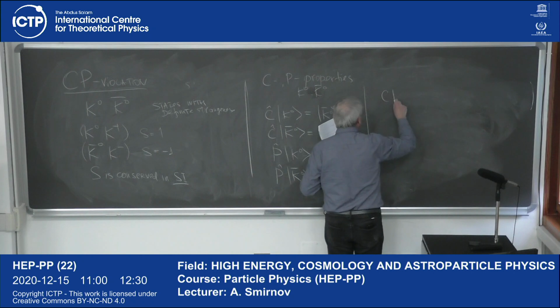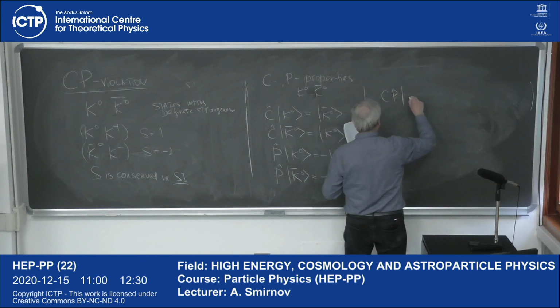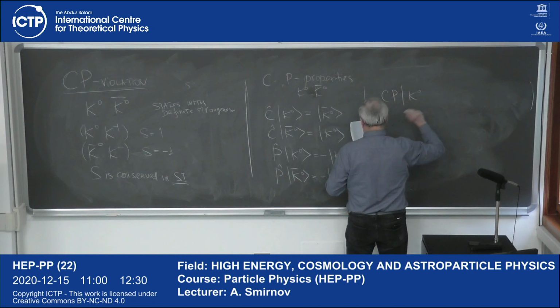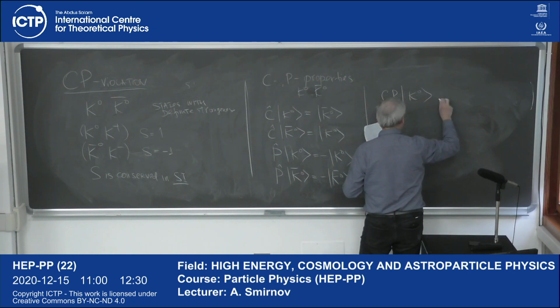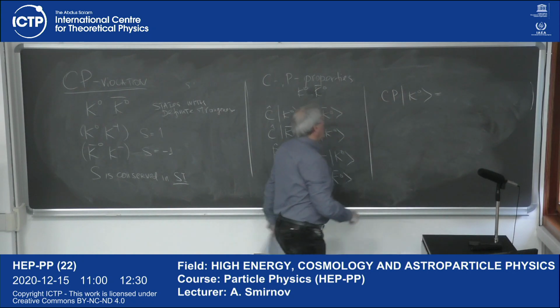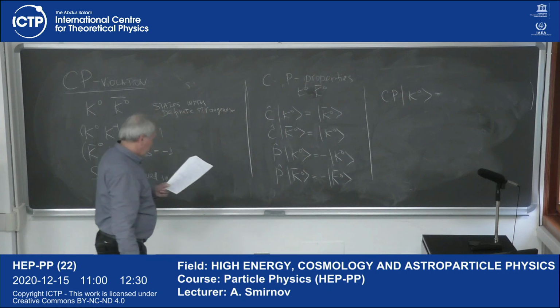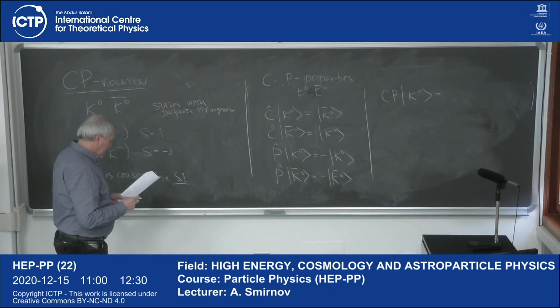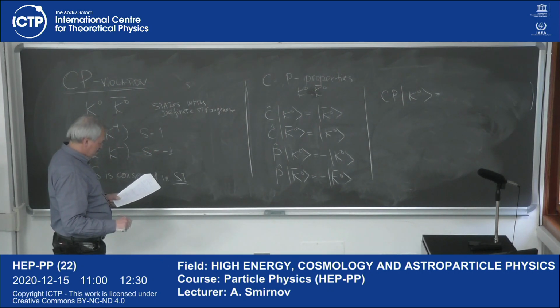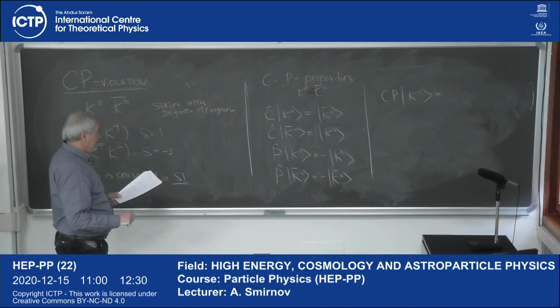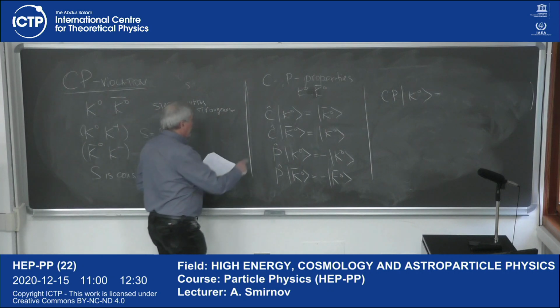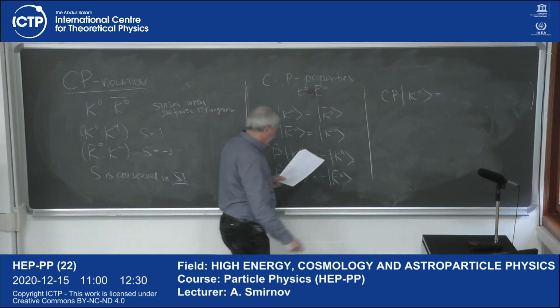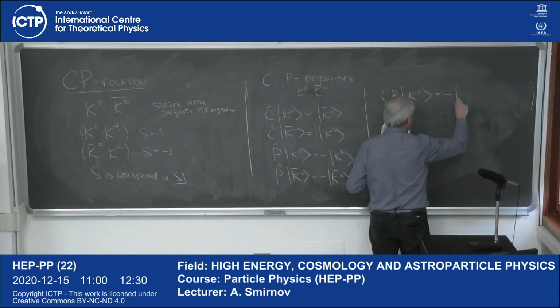Now, let's take the combined CP transformation. So how is this K0 transformed? If we act with both P and C, what do we get here? Minus K0 bar. Good.